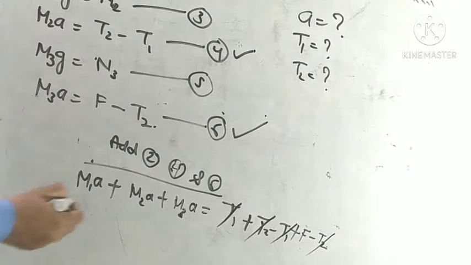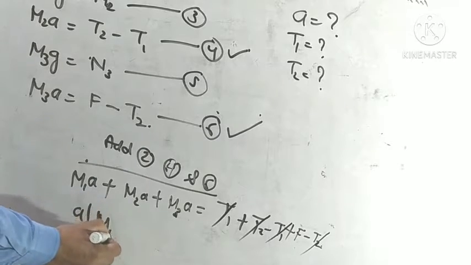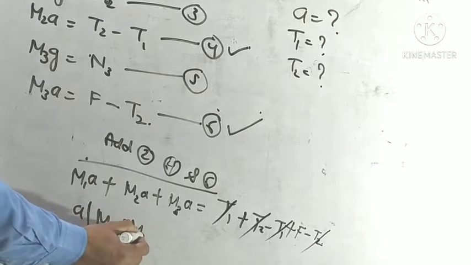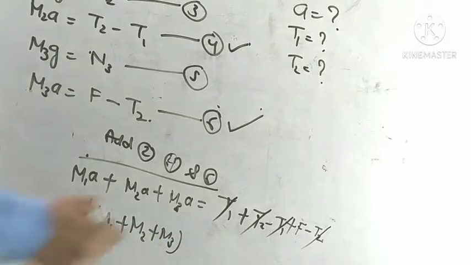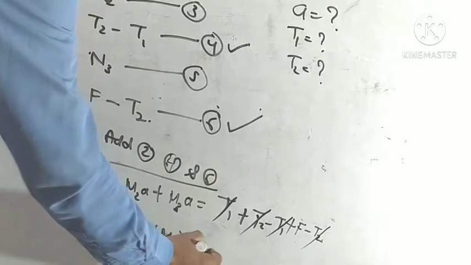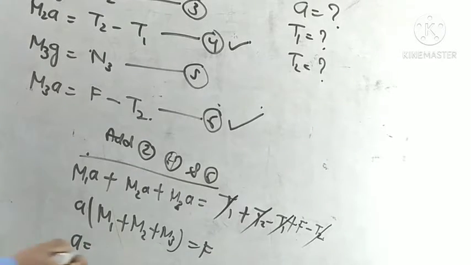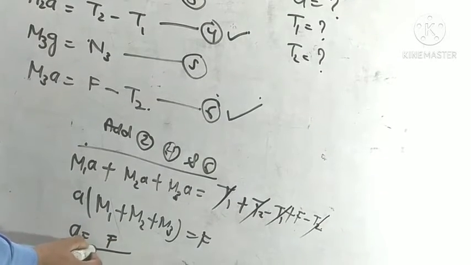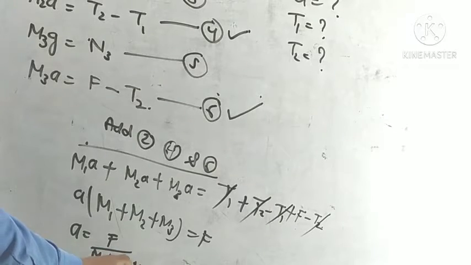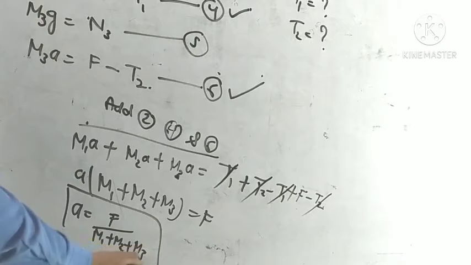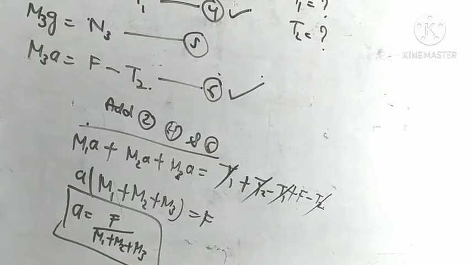Okay, here we take acceleration common, m1, m2, m3 left inside this bracket, and here F. Okay, finally we will get the acceleration. a is equal to F upon m1 plus m2 plus m3. Okay, so this is the value of acceleration.